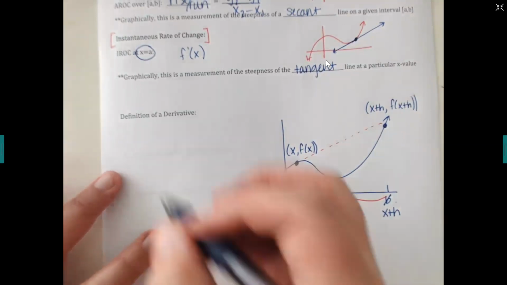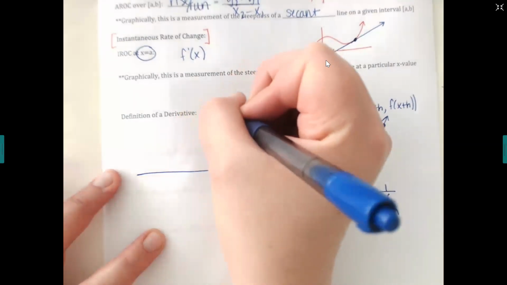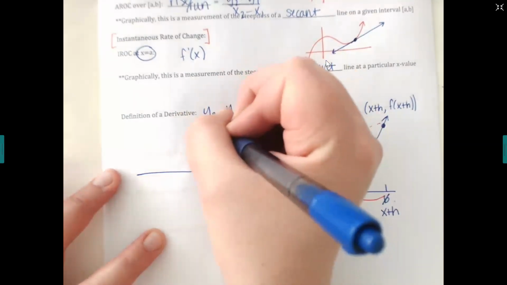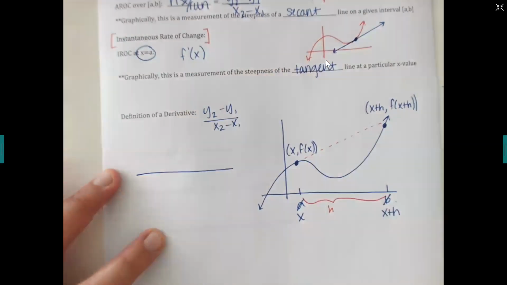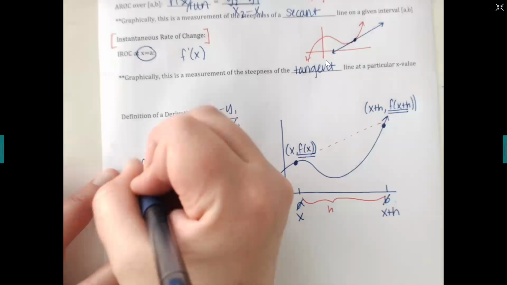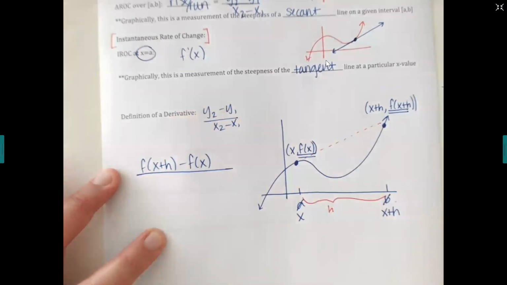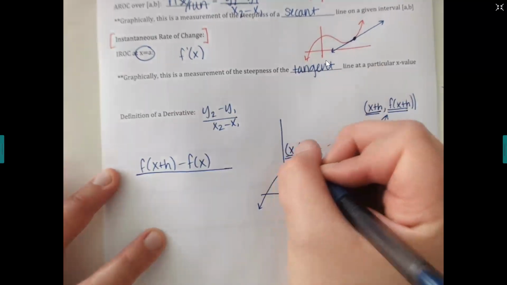If you give those 2 ordered pairs to your kids and ask them to find the slope, remember our formula is y2 minus y1 over x2 minus x1. So it would be f of X plus H minus f of X, and then over x2 minus x1 would be X plus H minus X.